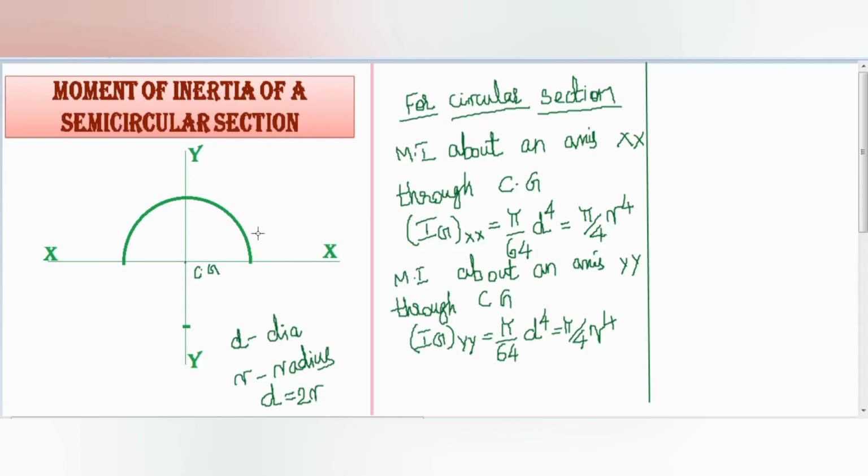Here, guys, you can see there is no change in the vertical or YY axis. Same, XX axis also there is no change as of now, because from the circle, when you erase the half portion, when it becomes the semicircle, the center of gravity will not be here. The center of gravity will be shifted to here.